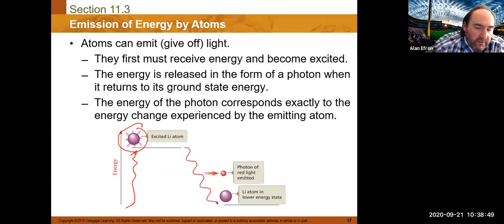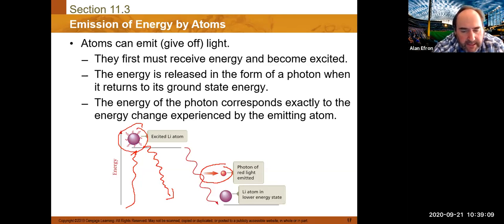Things like to be in the lowest possible energy, so eventually this electron is going to work its way back down. To do that, it has to give off some energy, again that conservation of energy. In this particular case, the wavelength of the photon of light coming off would correspond to red light, so red light would be emitted as this electron falls back down.